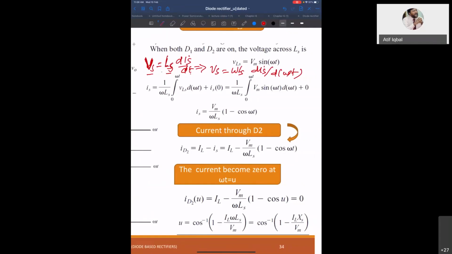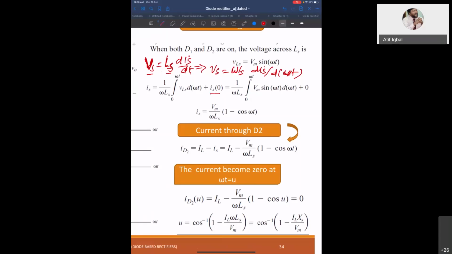Now, in place of dt, I write d omega t. When I write d omega t, I have to write omega here also, because I multiply by omega and divide by omega. So Vs = omega Ls dis/d omega t. From here, I can get the expression for the current. The current will be 1 over omega Ls, integral from 0 to omega t of Vs d omega t, plus the initial condition, which is 0.